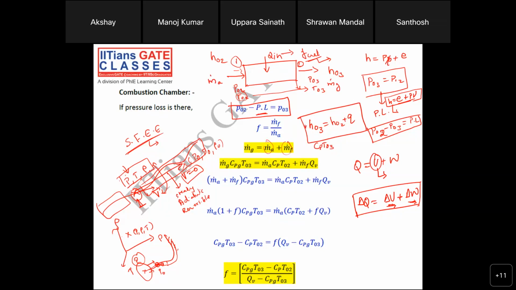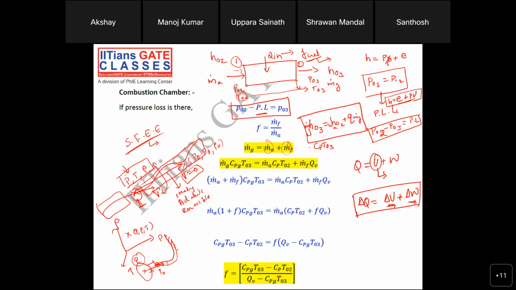I have to multiply the mass of gas here, mass of air here, and similarly mass of fuel here. The small letters represent intrinsic properties and extrinsic properties, like you defined in thermodynamics. You can go back and check.